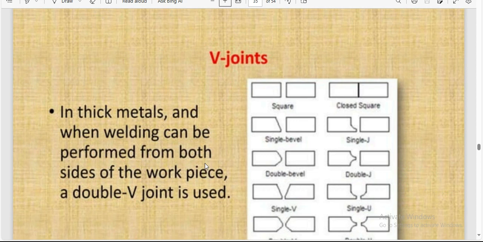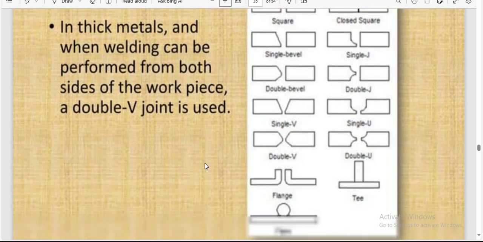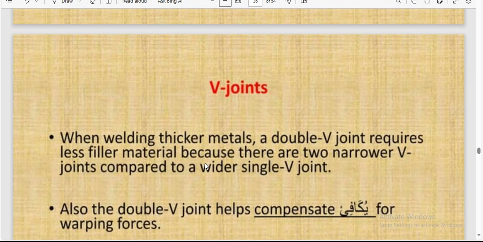The shape of the joint is a V in thick metal, and when welding can be performed from both sides of the workpiece, a double V joint is used. V joint when welding thicker metal. Double V joint requires less filler material because there are two narrower V joints compared to a wider single V joint.